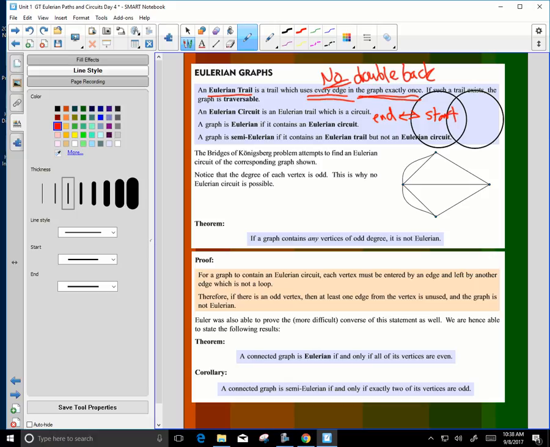Okay. And so we call it Eulerian if it's a circuit, ends up where you started. Semi-Eulerian or Eulerian trail, that's where you cover all of the edges once and only once, but you don't end up at the beginning. So tell me, is this an Eulerian trail or an Eulerian circuit? Try it.